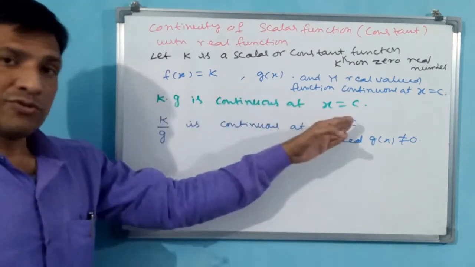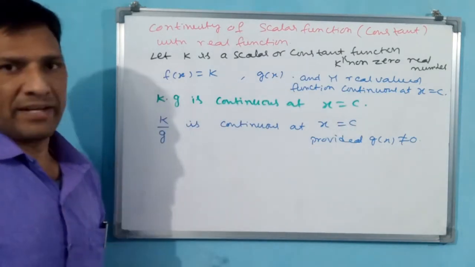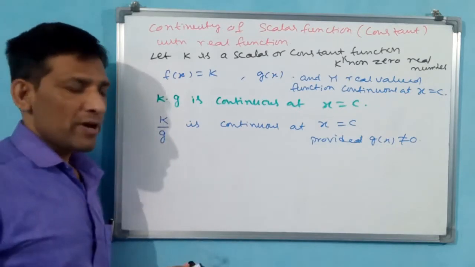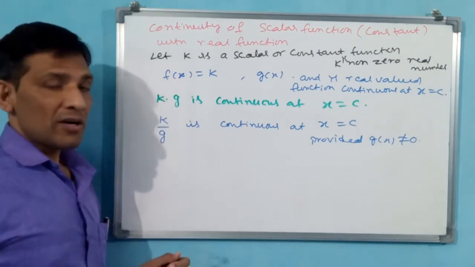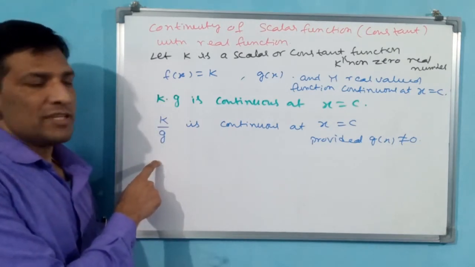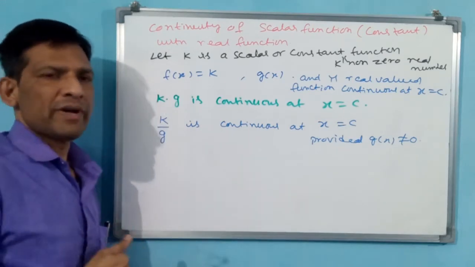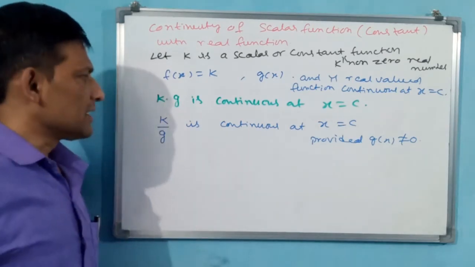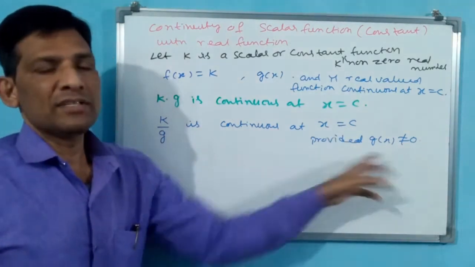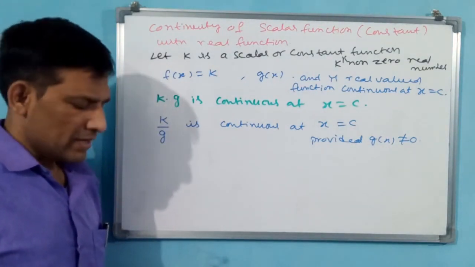If g is 0, then kg is 0. You can write that, and it is defined. No use means it will come 0. But no use and not defined are both different. Not defined is if g is 0, because k by 0 is undefined. Then the function is not going to be defined, and we cannot study further. That is why k by g is a continuous function at x is equal to c, provided g of x is not equal to 0. You have to understand this carefully.